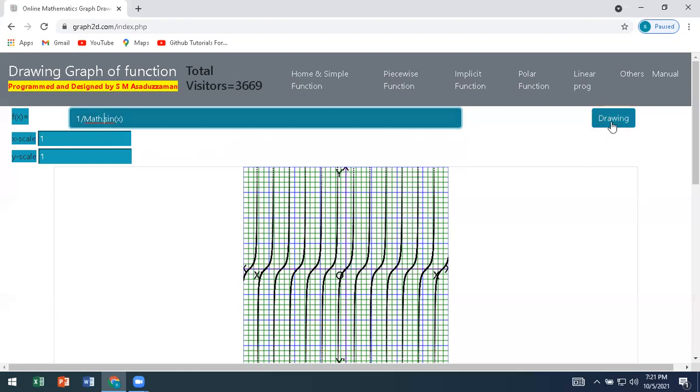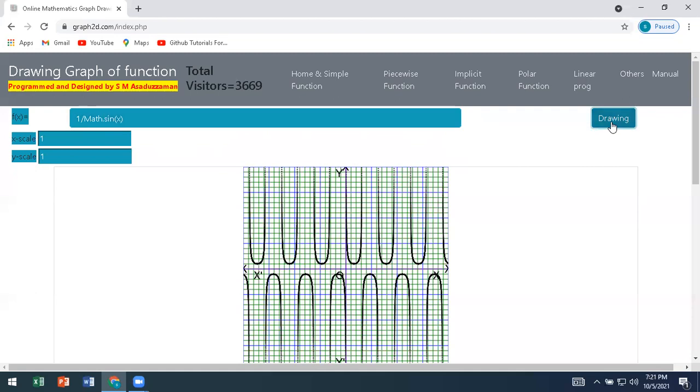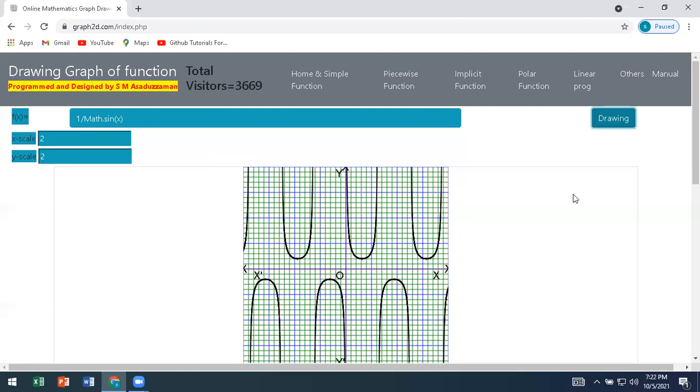By pressing the drawing button, we get the graph of cosec x. We type 1 by Math.sin x, 1 by sin x, that means cosec x. We can change x scale to 2, y scale to 2, and press the drawing button.